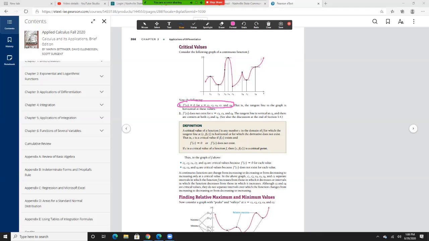In other words, those tangent lines would be horizontal, and we can see those in the graph here, at C4, again at C7, and at C8. Notice that we have horizontal lines here, which means the slope is 0, and that makes those values critical.